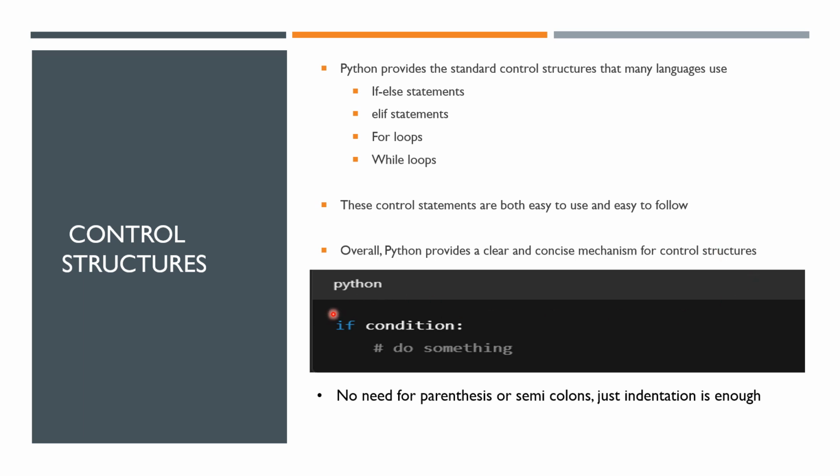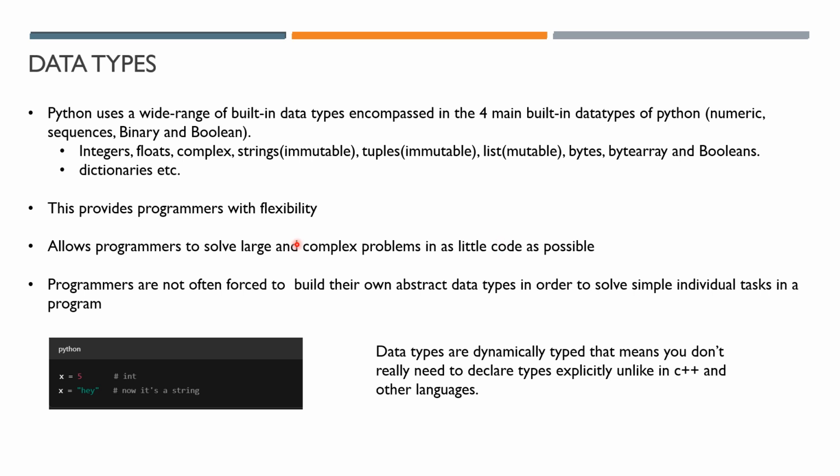So if you're using the if condition, you don't have to put in the semicolon or the parentheses that Java or C++ need when you're working with them. All you have to use here is the indentation, and that makes it work without spending so much time on it. So this is also one thing that makes Python quite easy to use. Next, we have the data types.